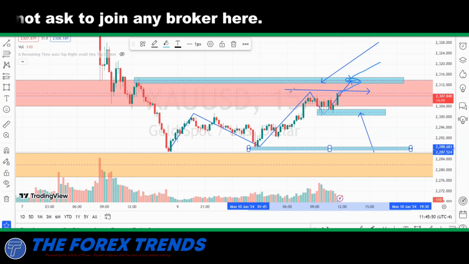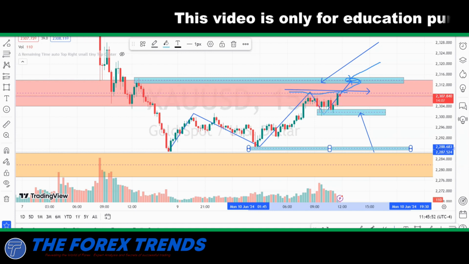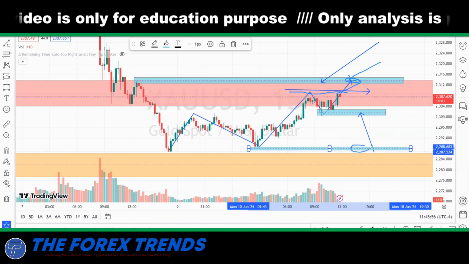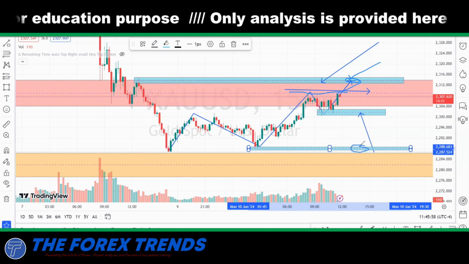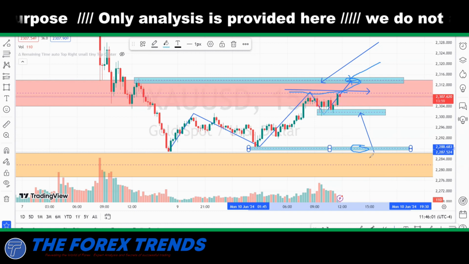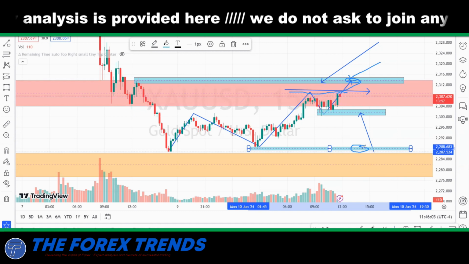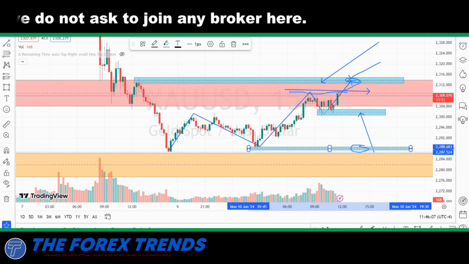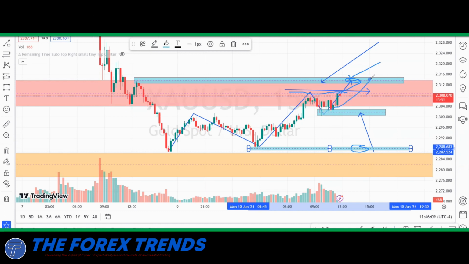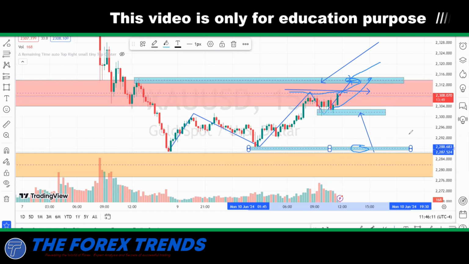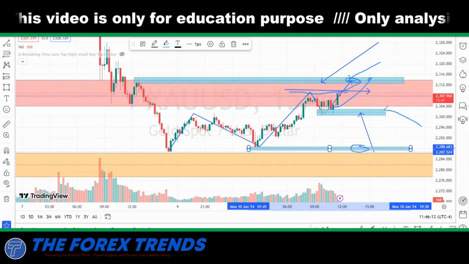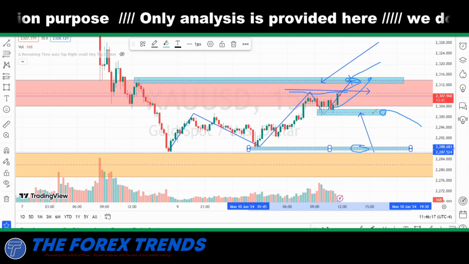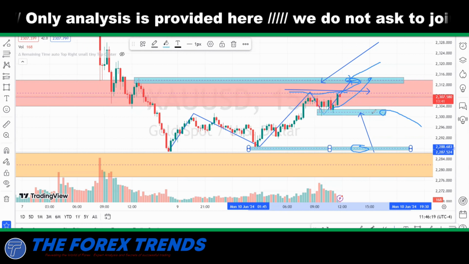If the market is unable to break this resistance, in that case we will wait for this level. If we get the price here, we'll initiate a buy from this price, that is 2288 and 2287. If the market creates a new high at this level, then we take our buy position from here. This is a price of 2300 to 2301.